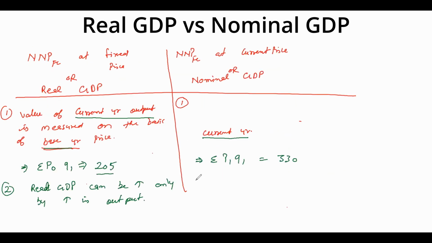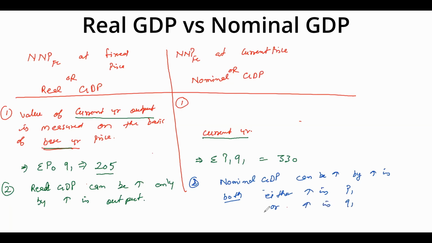Second question hai, now nominal GDP can be increased by increase in both. दोनों में ही इंक्रीज आप कर लें तो चेंज हो सकता है, either increase in P1 or increase in Q1.